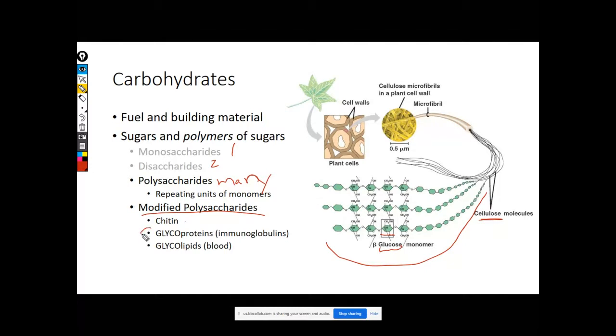In addition, and things that we'll actually be able to see to some degree in this class or in your other bio classes if you're a bio major, we have glycoproteins, okay, and glycolipids. So we can see glyco is, you can almost see the word glucose right in there, right?